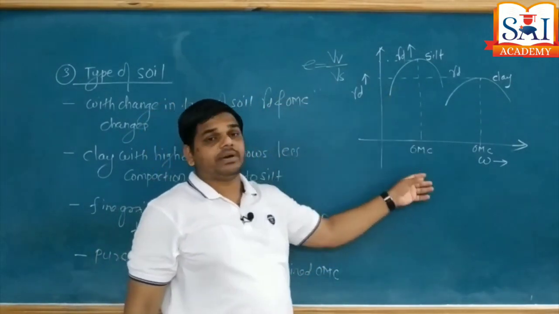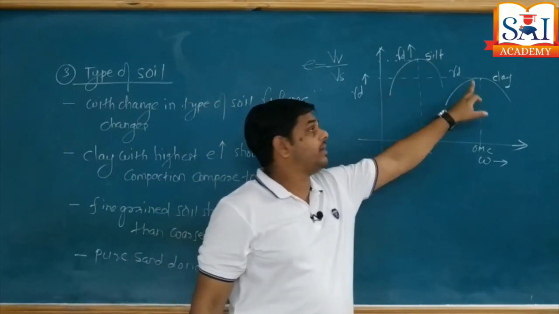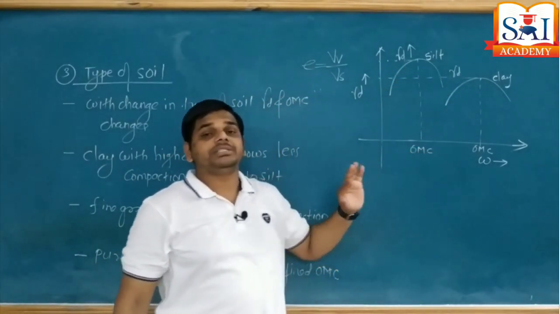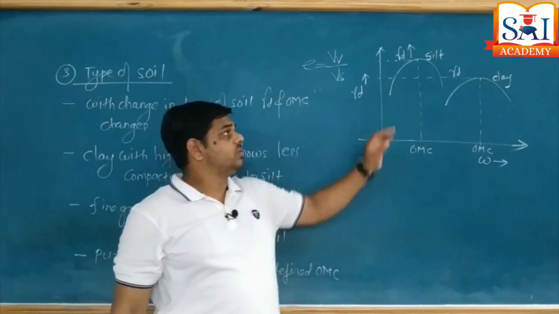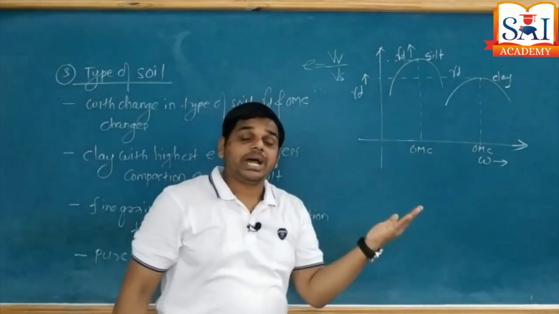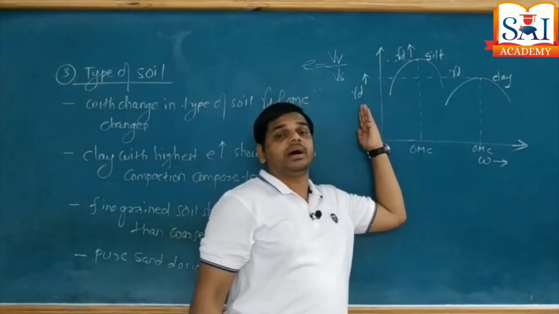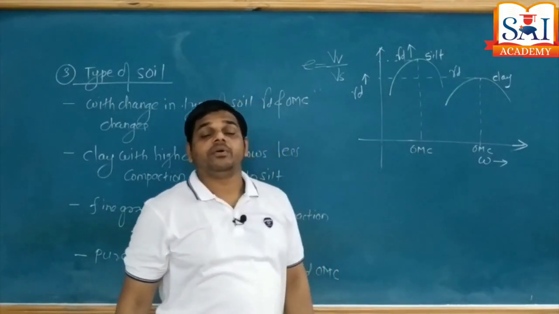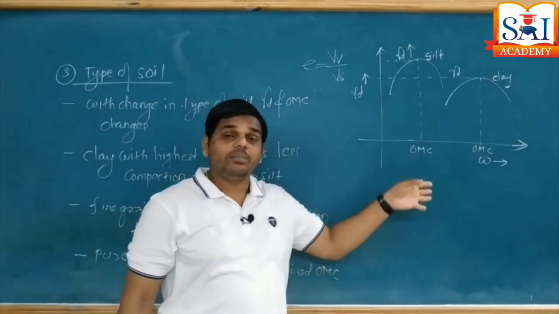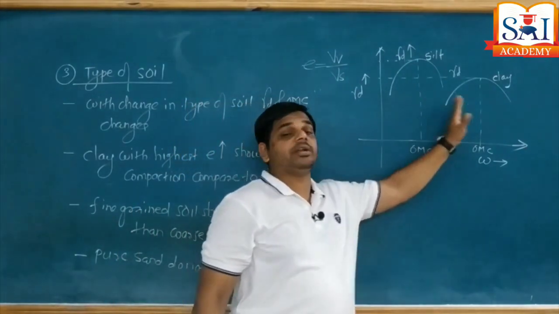They may provide the graph and mention X and Y, and the options are what is X and what is Y. Okay. So the compaction curve obtained for silty soil is shifted to the left side of the graph, and the compaction curve obtained for clay soil under the same compaction energy is shifted to the right side of the graph.